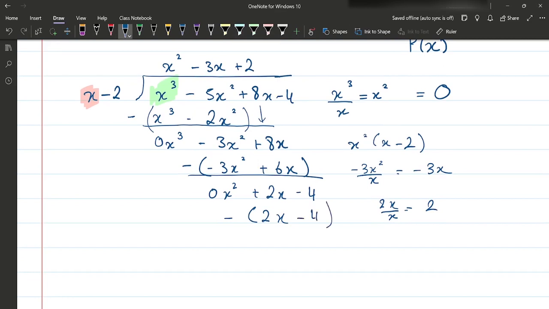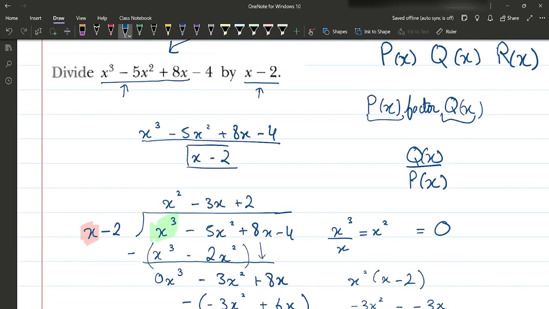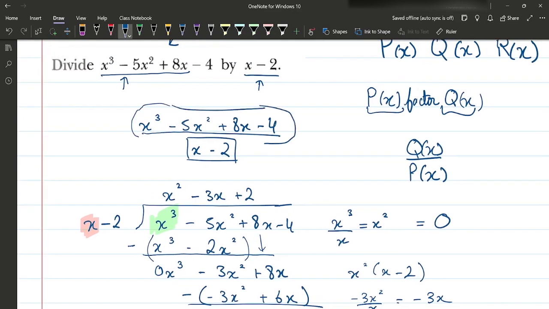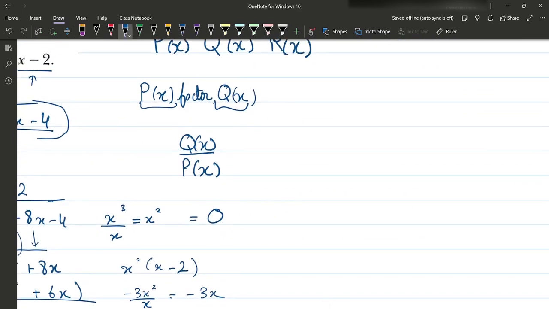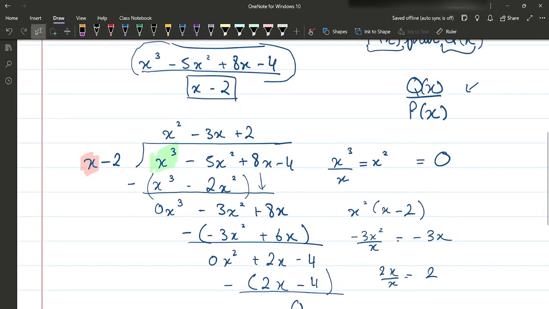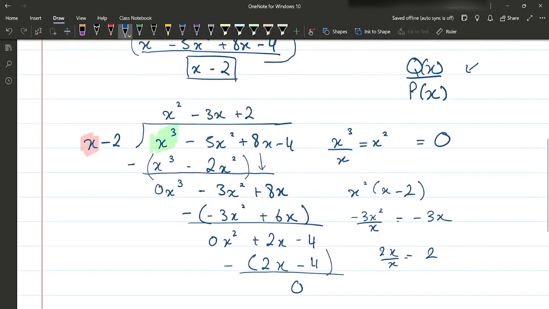Okay, so the good thing about this is that this will give you 0. That will only happen if the denominator is a factor of the numerator. So we did get a 0 here, which is what I was talking about over here. Since we got a 0 here, that means x minus 2 is a factor of x to the 3 minus 5x squared plus 8x minus 4.